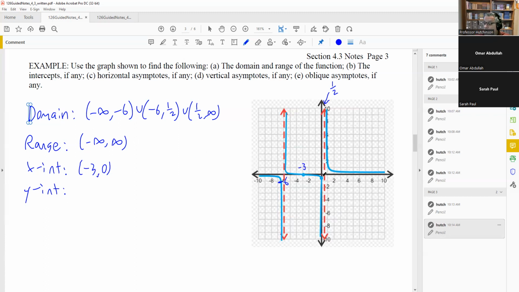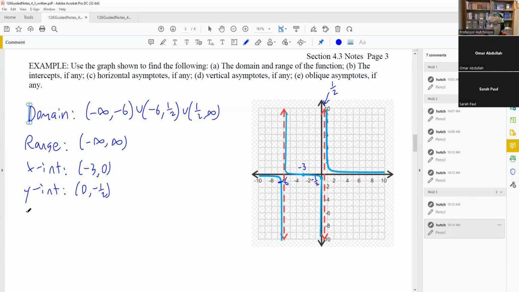Now the y-intercept, it's hard to see, but that's actually at -1/2, where that dot crosses right there. So this will be (0, -1/2). That's where it crosses, at that dot. It's a little bit hard to see with this picture, but that's where it crosses. Okay, so those are the intercepts.